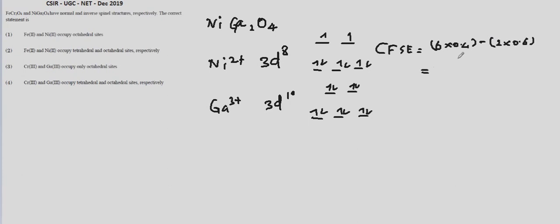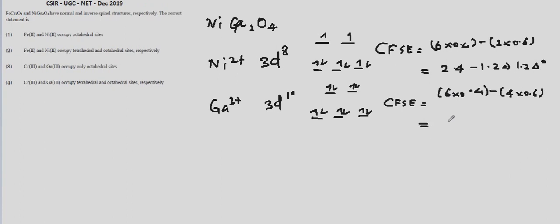So that's going to be 2.4 minus 1.2, that is 1.2 delta naught. In case of gallium, it's going to be 0, so you could calculate it. 6 times 0.4 minus 4 times 0.6, they're going to be 0 delta naught.